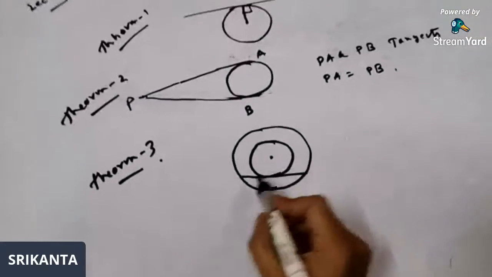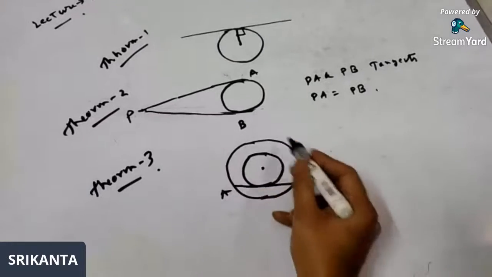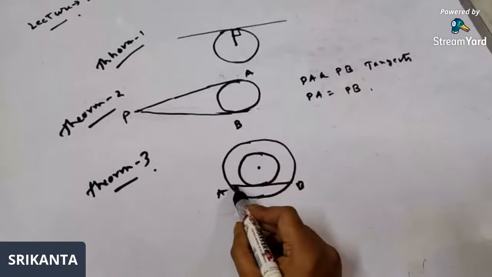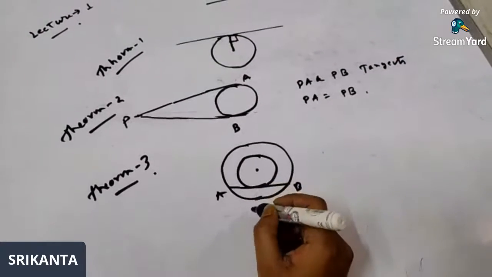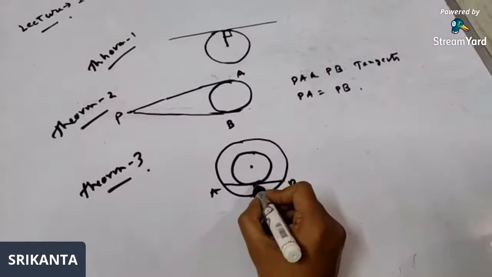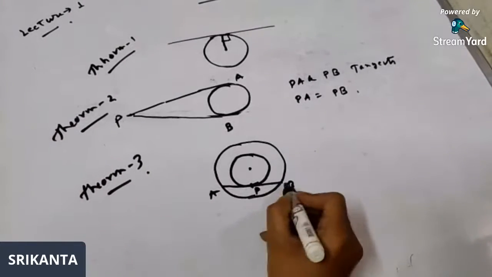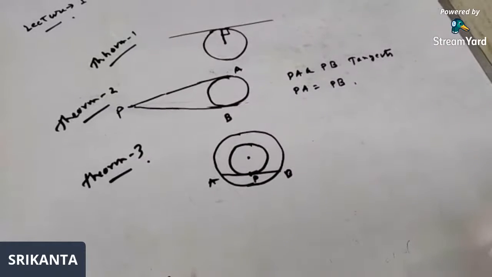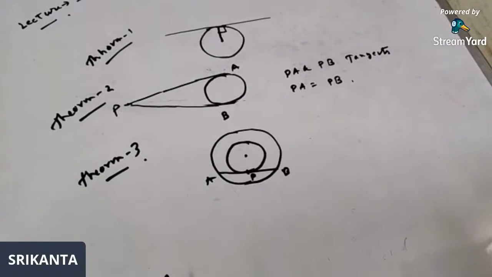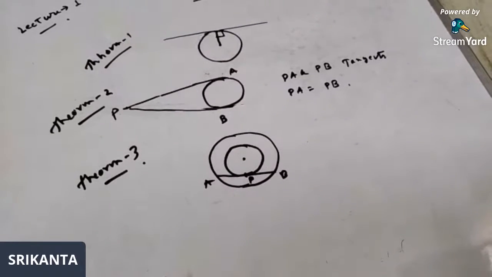This line, suppose AB, is a chord for this larger circle, and a tangent for this smaller circle. Now this theorem says that it will be bisected at this point. So AP will be equal to PB.